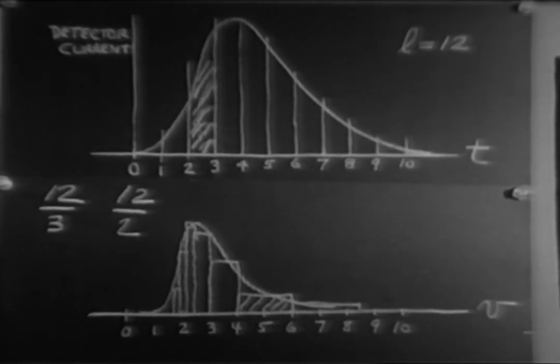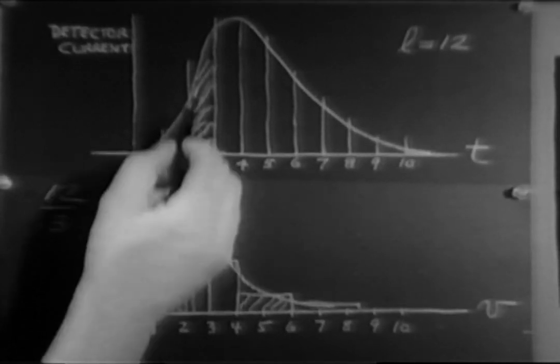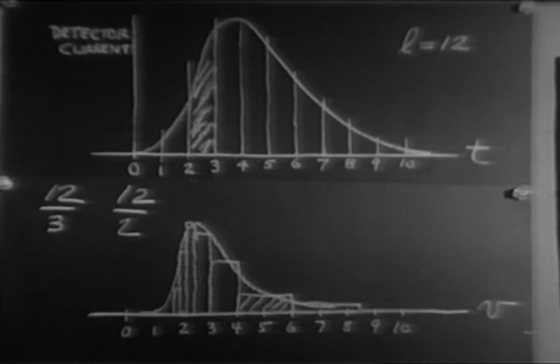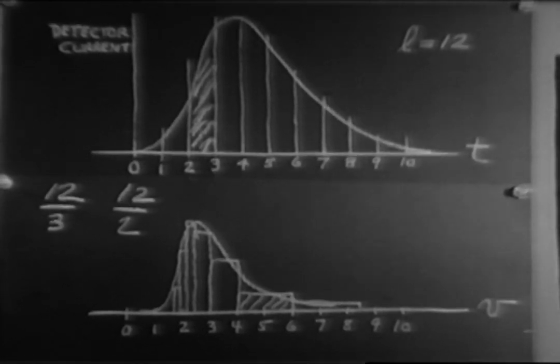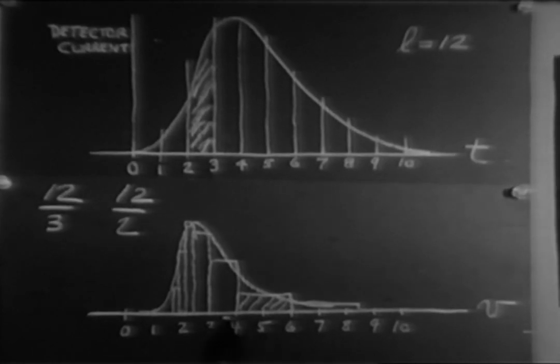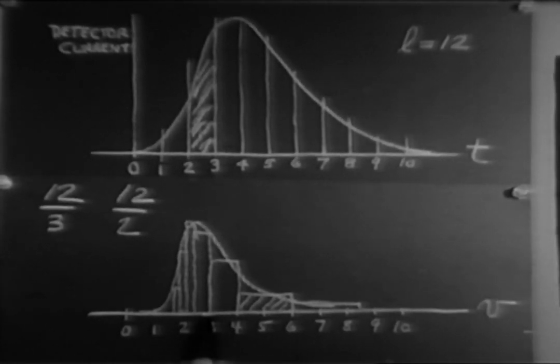So to get the right area in proportion on the velocity distribution, I must multiply the height of this curve, the pulse, by t squared before plotting it on the velocity distribution, simply to compensate for the fact that the width of the velocity interval is getting smaller with t squared.